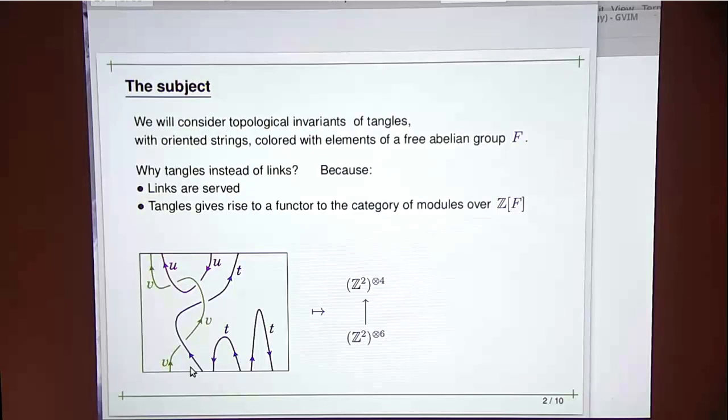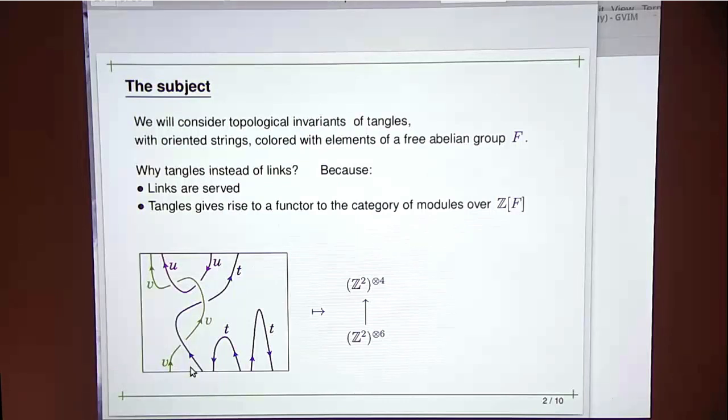Z of F squared. Probably Z of F is also, well, both will be preserved, I suppose. So it depends if you color with this. If you already fix the colors, then it is Z squared.